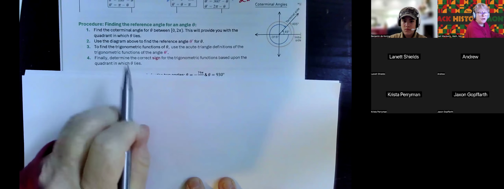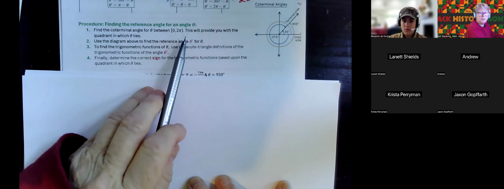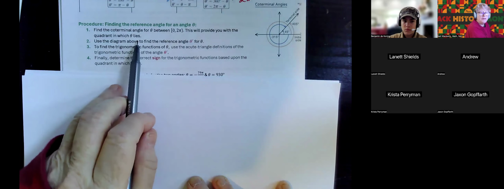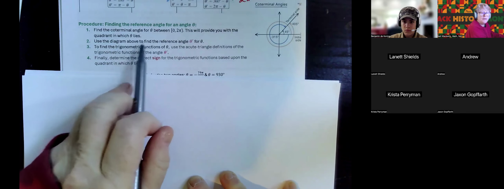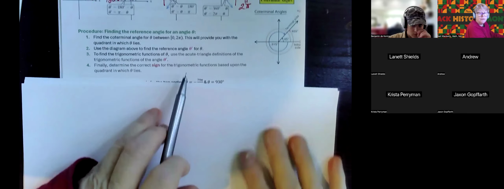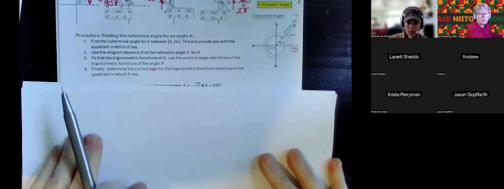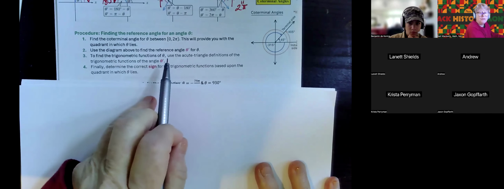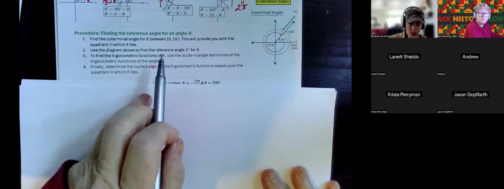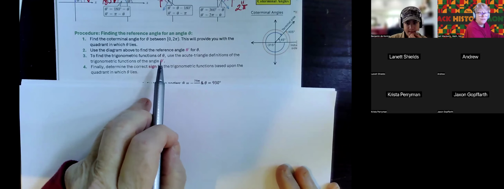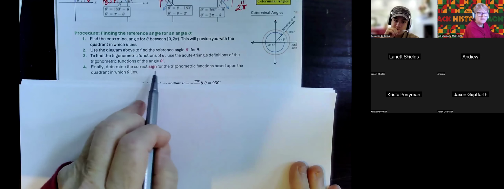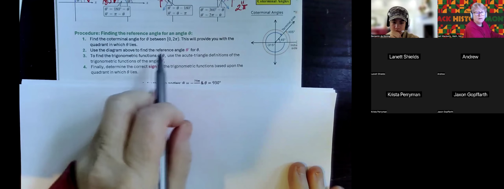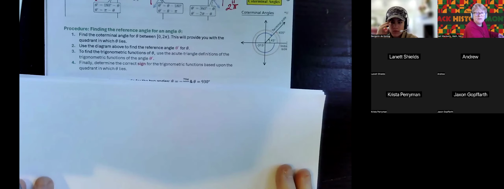To find the reference angle, the steps are to find the coterminal angle between 0 and 2 pi, because that will tell you what quadrant we're living in, and then to find the reference angle using this diagram above, and then you find the trig functions of theta using the reference angle theta prime, and then you correct for the sign for the original theta.